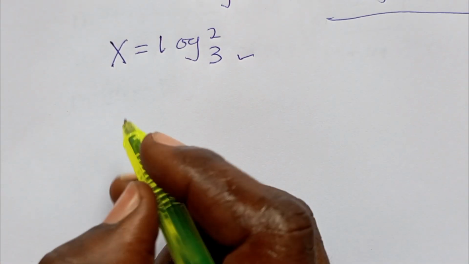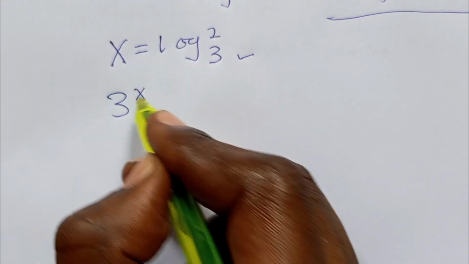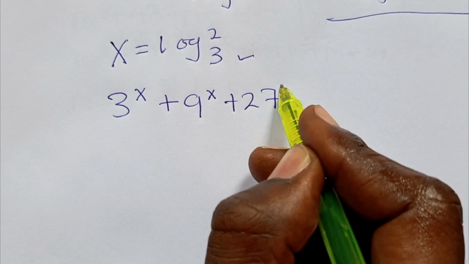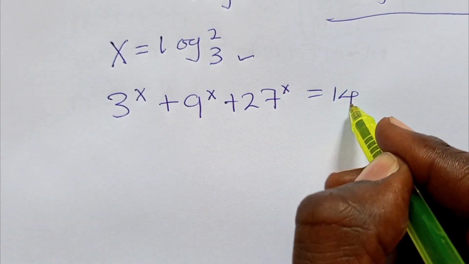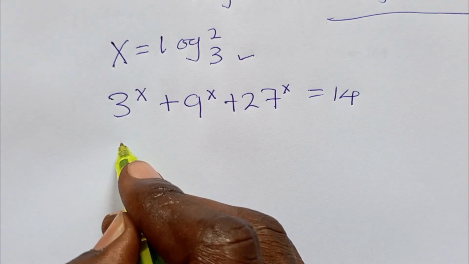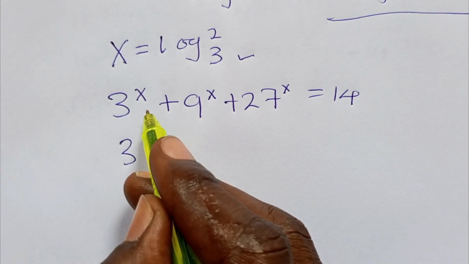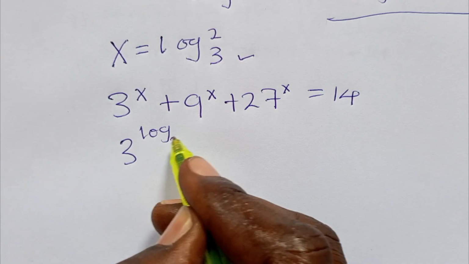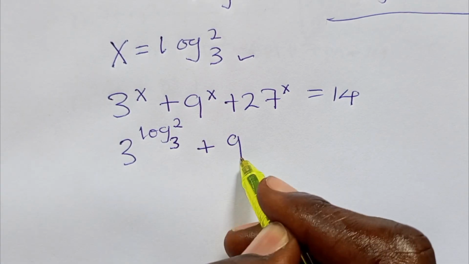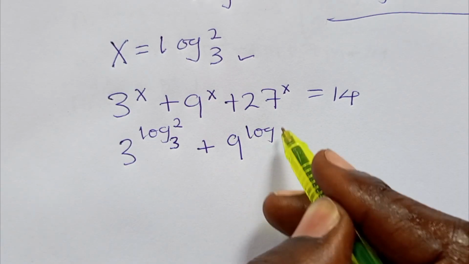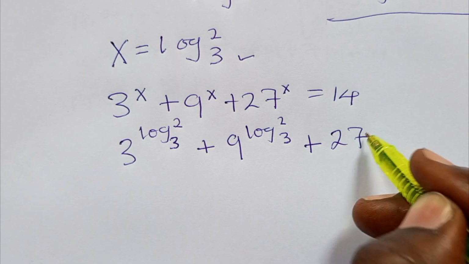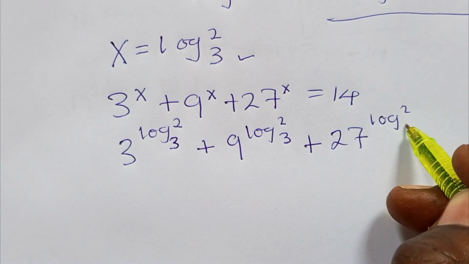So let's substitute this value of x and see if it will satisfy our equation. Going back to our equation, we have 3 to the power of x plus 9 to the power of x plus 27 to the power of x equal 14. So substituting it here, we have 3 to the power of log 2 base 3 plus 9 to the power of log 2 base 3 plus 27 to the power of log 2 base 3.